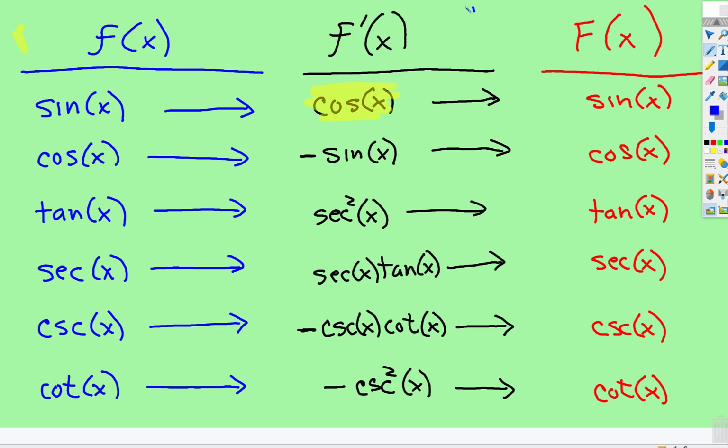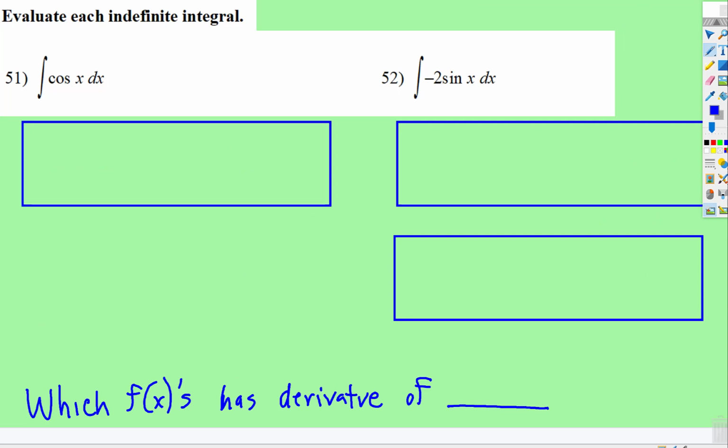So if we had the integral of cosine x dx, you ask yourself, if this is the derivative, what was the original function? And that's what the integral will be. It kind of can mess with your brain a little bit, but that's the process.